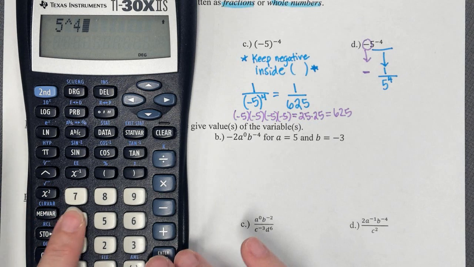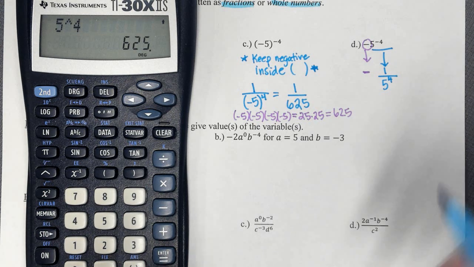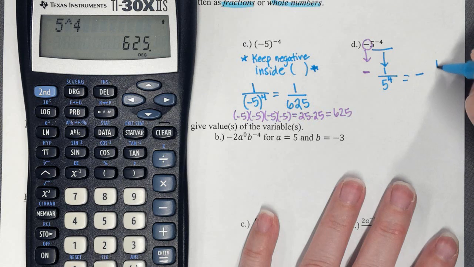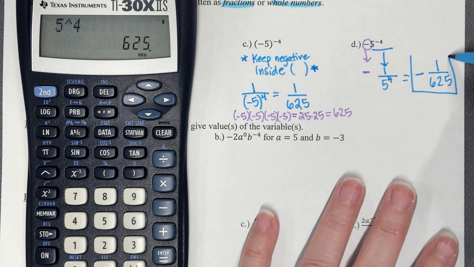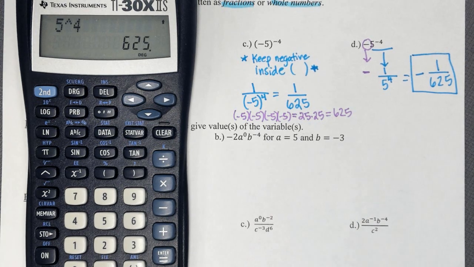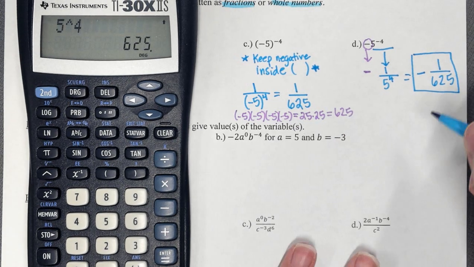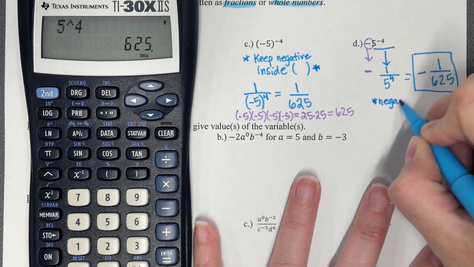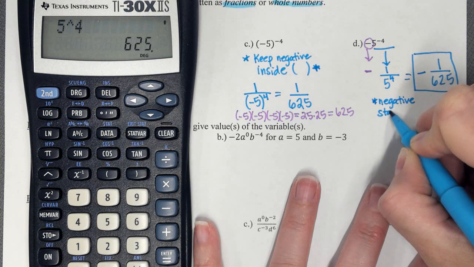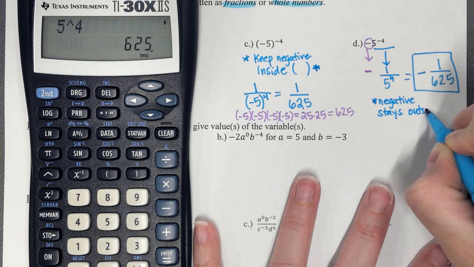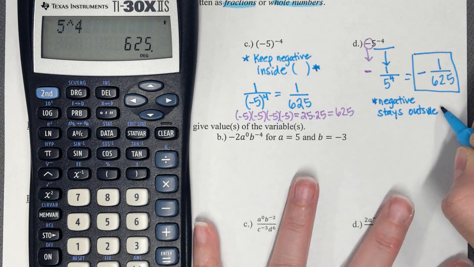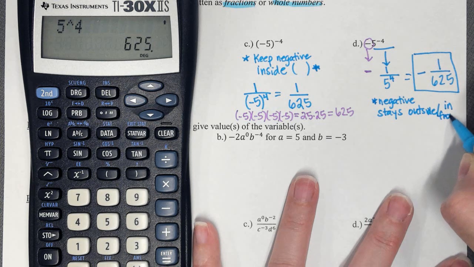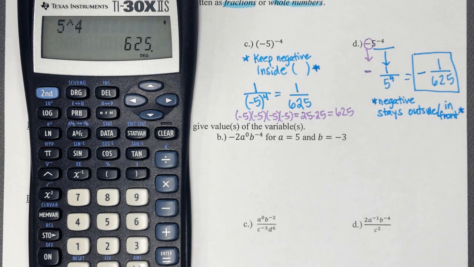If we do 5 to the 4th, we get the same thing, but we keep the negative in front. Okay, so if the negative is in front or outside the parentheses, it stays there. You can say outside or just in front, whichever is going to make the most sense to you.